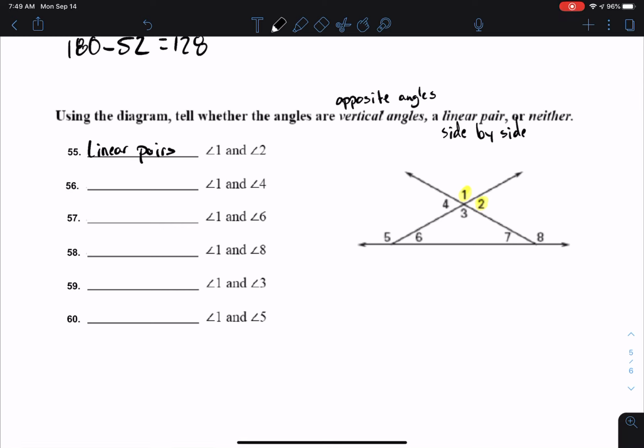It says angle 1 and angle 8. Are they side by side? No, sir. Are they opposite from each other? The only one that's opposite to angle 1 would be 3, and 3 isn't 8. So this would be neither.